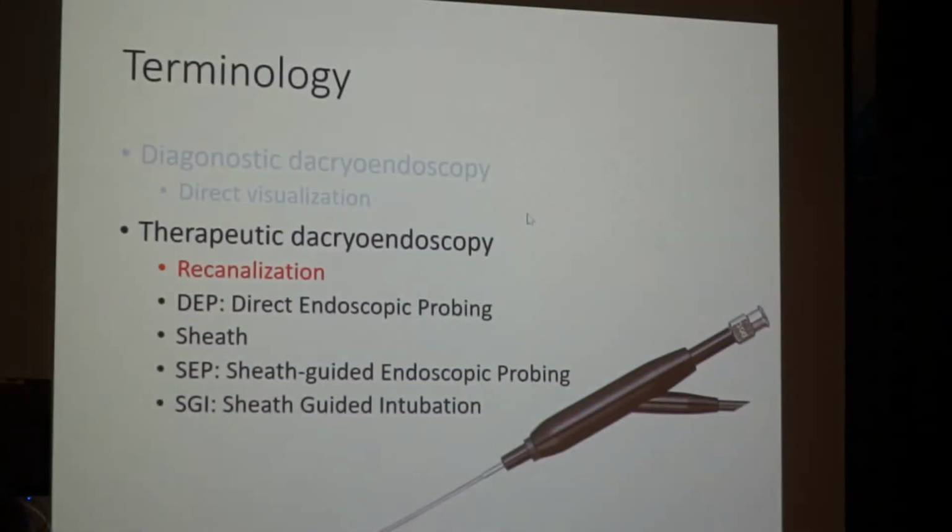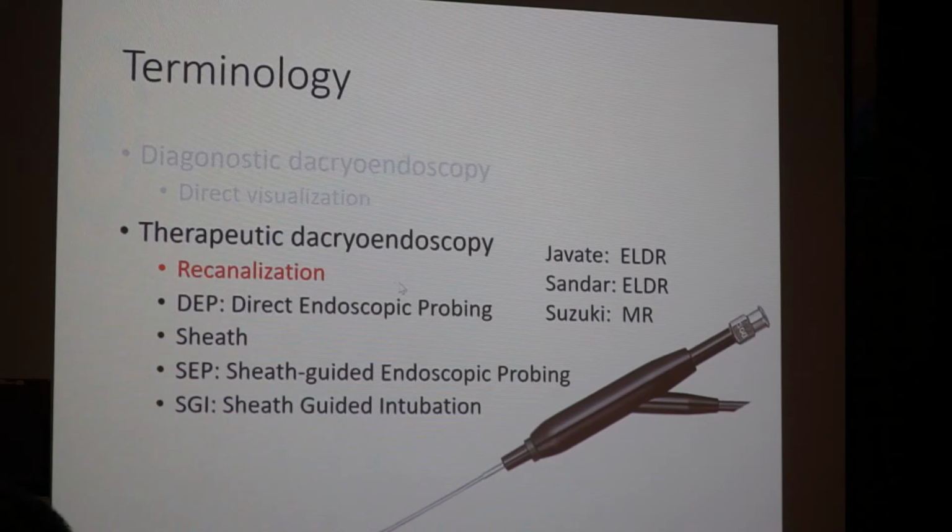So let's move to therapeutic dacryoendoscopy. Therapeutic dacryoendoscopy allows for reconstruction of the physiological tear outflow system without creating a bypass, which is called recanalization.